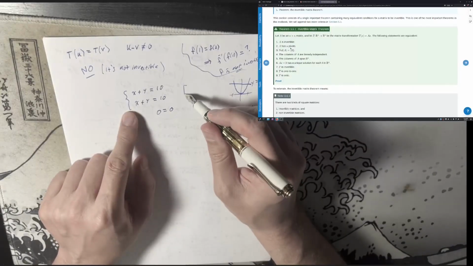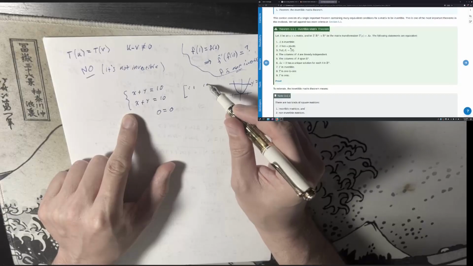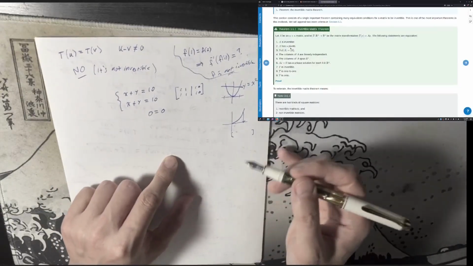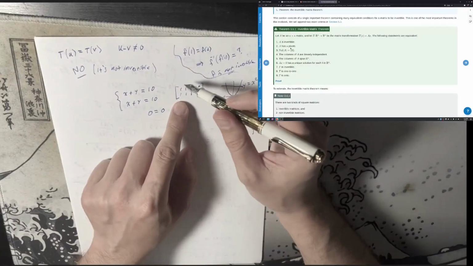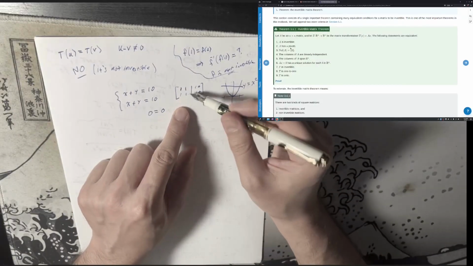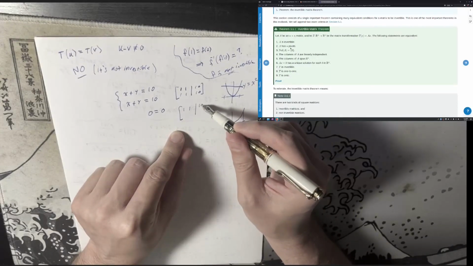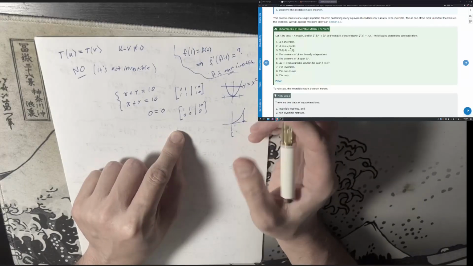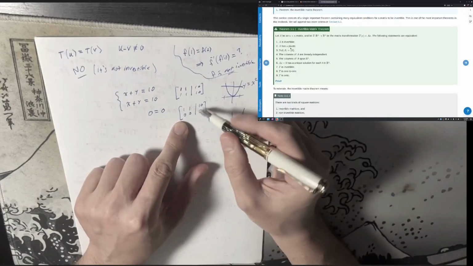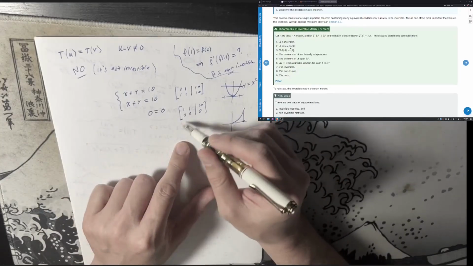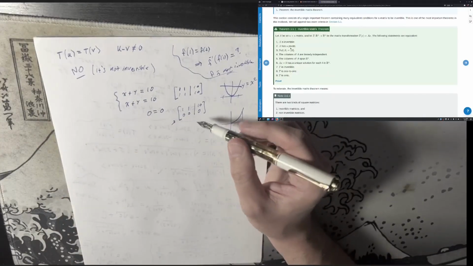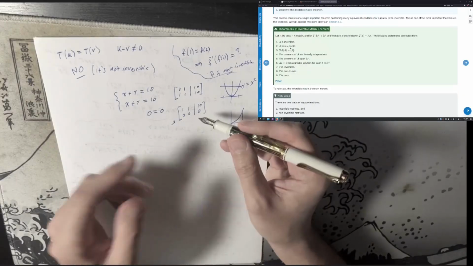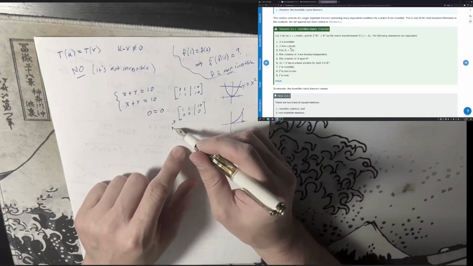So this is an example of a system where, when you go to row reduce this, you'll just get a line of zeros. And so this is not invertible. This matrix has 0 for a determinant, and you can't solve the system, at least not in general. It's not solvable.